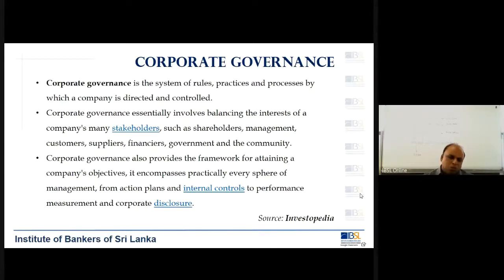Corporate governance also provides the framework for attaining a company's objectives. It encompasses practically every sphere of management, from action plans and internal controls to performance measurement and corporate disclosure. So they are talking about many things: your internal control practices, how you publish your financial statements, what disclosures you are giving.